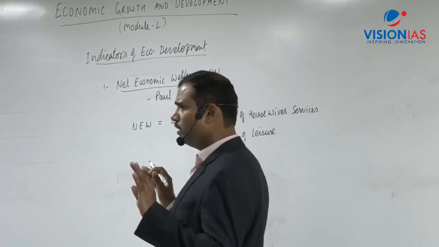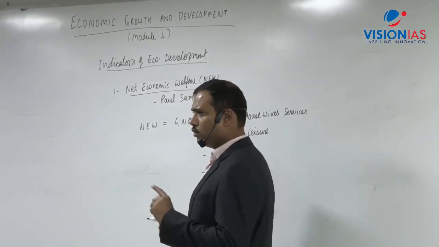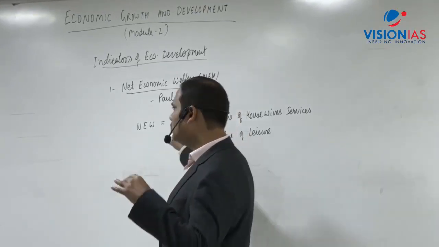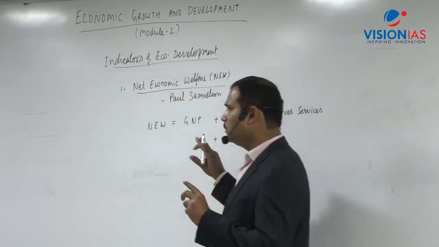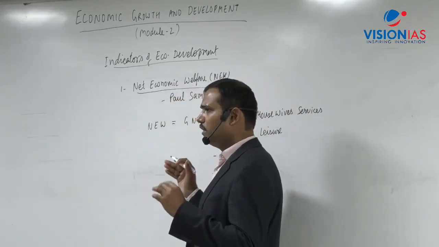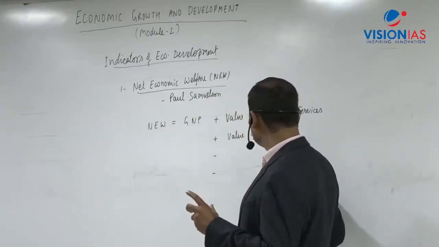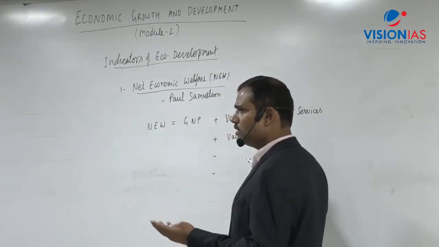More free time, so obviously welfare will be affected. Because logic is clear: when working hours increase, leisure will reduce, then GDP may increase, but welfare may come down. So we should not see only GDP, we should see how much time people have. Got the point here? But is it easy to estimate value of that free time? No, it is very subjective.